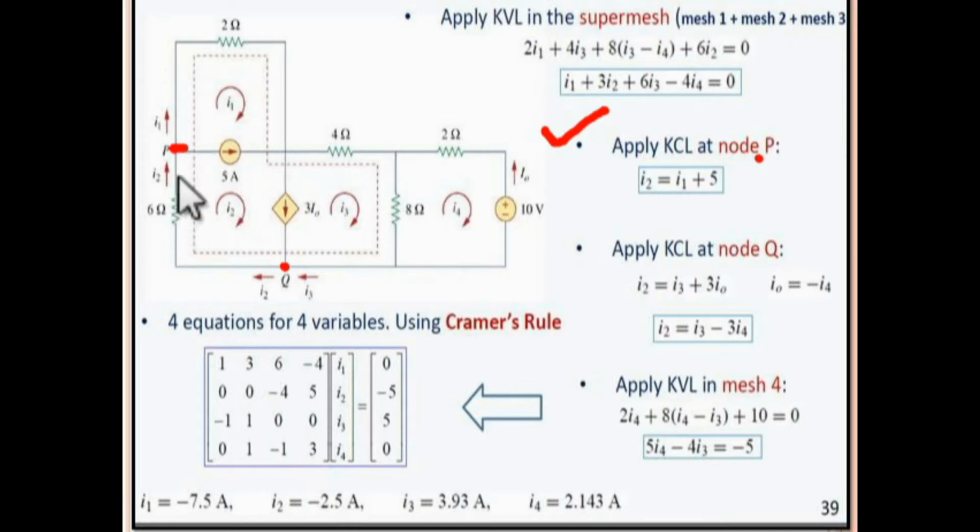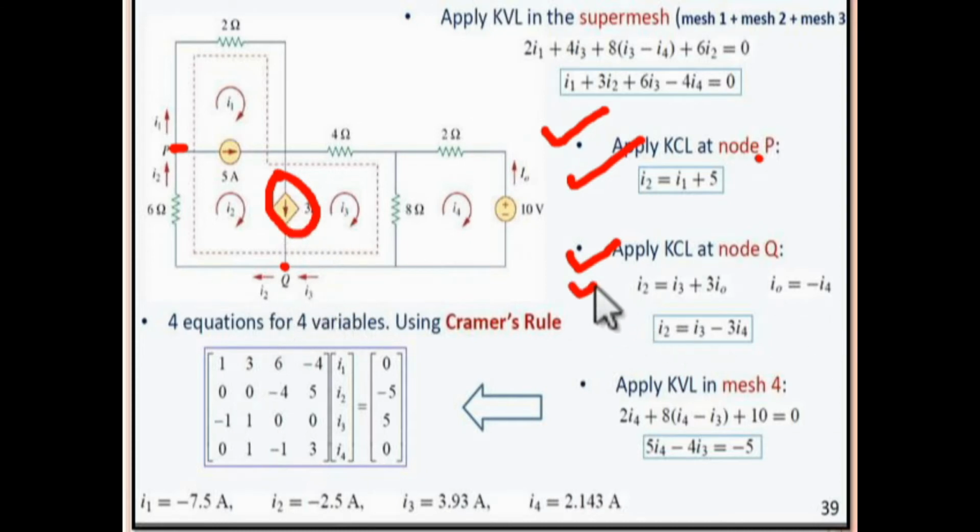So it becomes I2 equal to I1 plus 5. Also apply KCL at node Q. Here I2 is leaving the node, I3 is entering the node, and this dependent current source 3I0 is also entering the node. So it becomes 3I0 plus I3 is equal to I2.